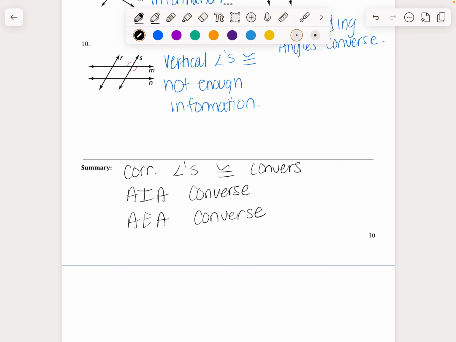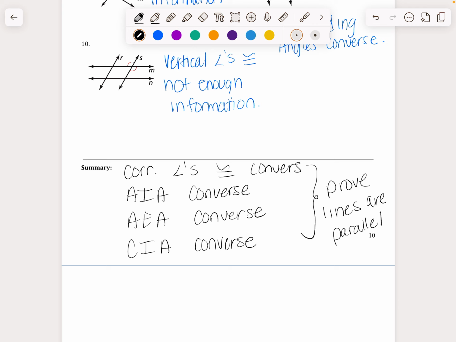These are all using congruent angles to prove lines are parallel. And then you have consecutive interior angles converse, which uses the interior angles are supplementary. And these are all used to prove the lines are parallel.